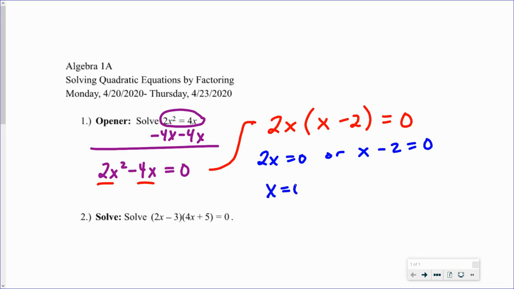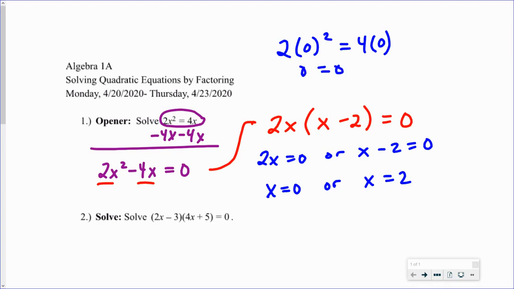So x equals 0 is our first solution if we divide both sides by 2. x equals 2 is our second solution. And again, if we go back to the original equation, 2 times 0 squared equals 4 times 0, which is correct because 2 times 0 is 0 and 4 times 0 is also equal to 0.